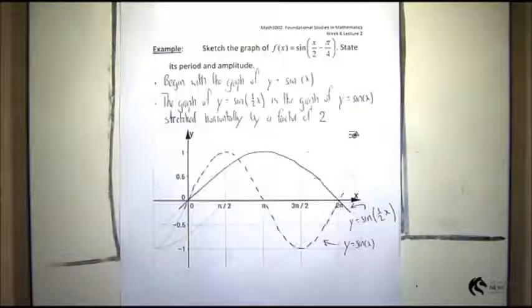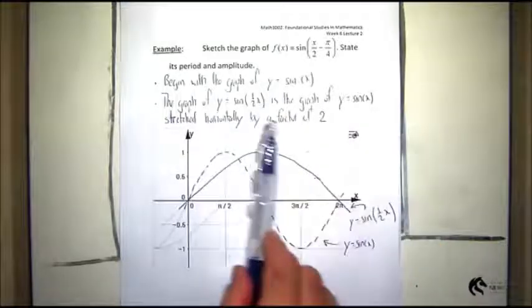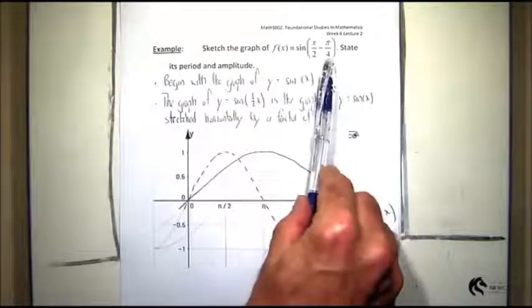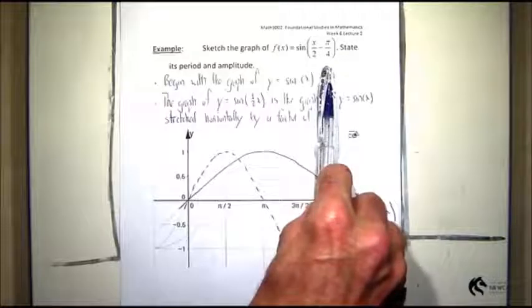And of course, it would go on indefinitely on both sides. So now I've got the graph of sine a half x, I now have to deal with this pi on 4 bit.